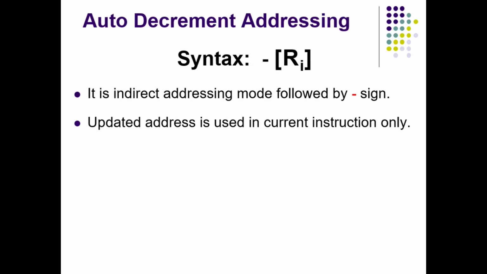So in auto decrement addressing, we initially decrement the content of the register and then that new updated value will be used as the effective address in the current instruction only.